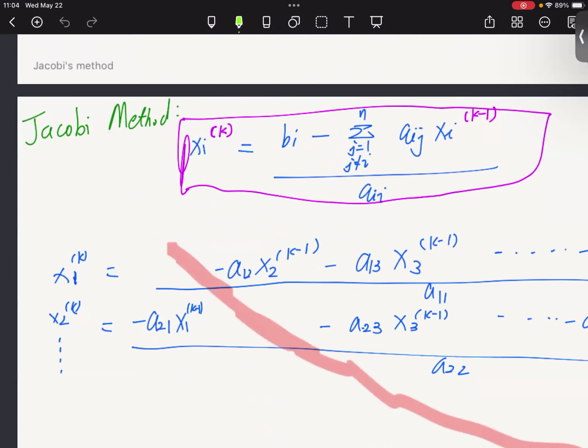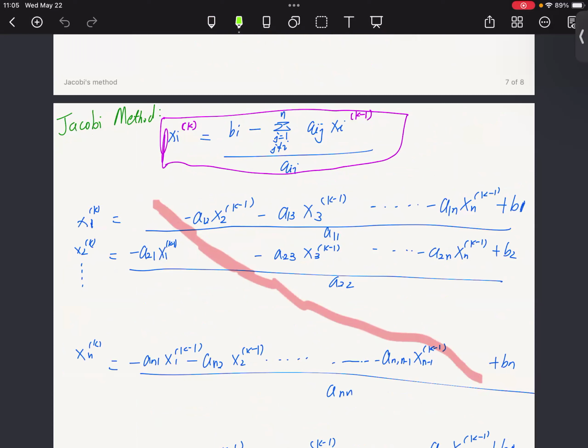And we update it with all the things on the right hand side being k minus 1, and on the left hand side we have the k step, the k vectors on the left. And we also point out that we write out the things here, and from the very first equation in the Jacobi's method, we calculate the first component in the k vector.